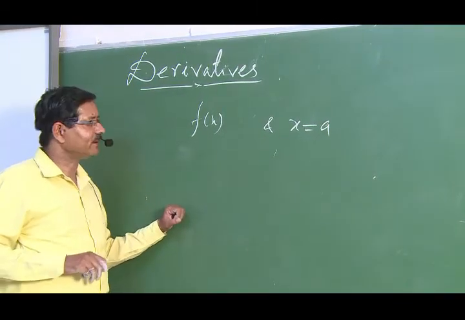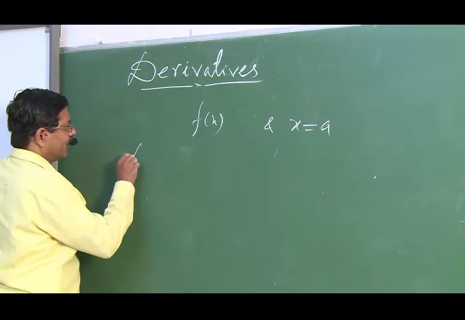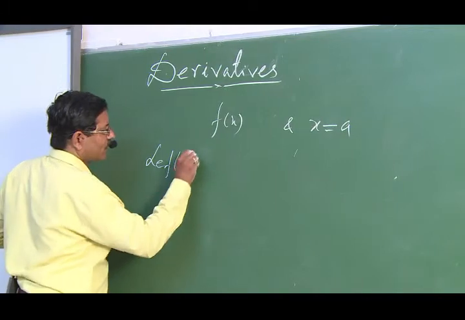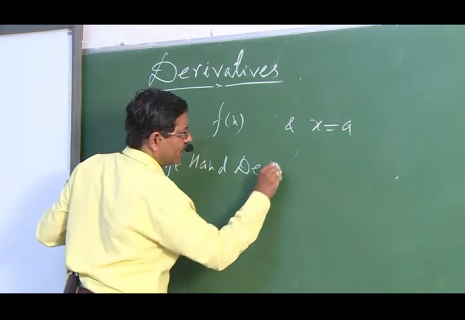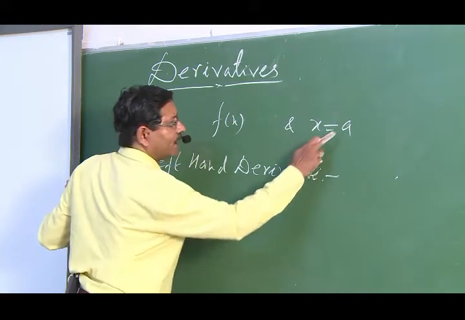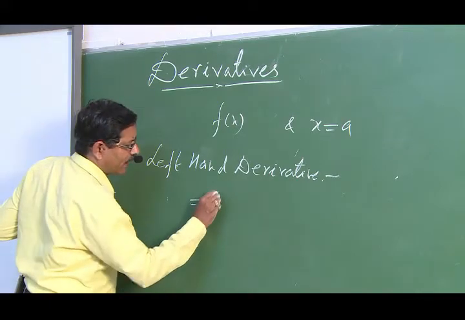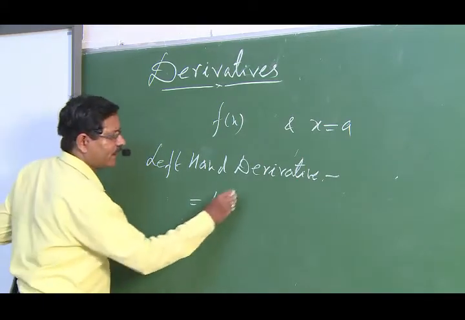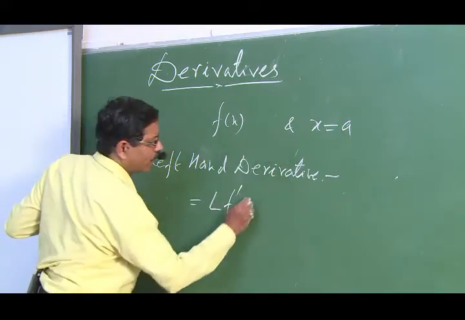its domain. Then, first of all, I define the left hand derivative at x = a. The left hand derivative is denoted by Lf'(a). L stands for left, f for function, dash for derivative at point a.